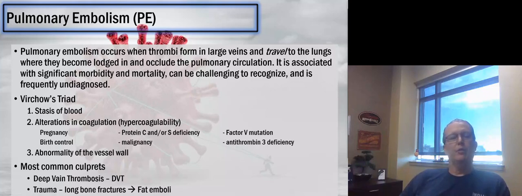Those fat particles can make their way into the vascular bed through the bones themselves. Those large bones are highly vascular, and those fat pieces can make their way into the blood supply through the bone and then out into the bloodstream. So those are the two main contributors to the formation of pulmonary embolus.